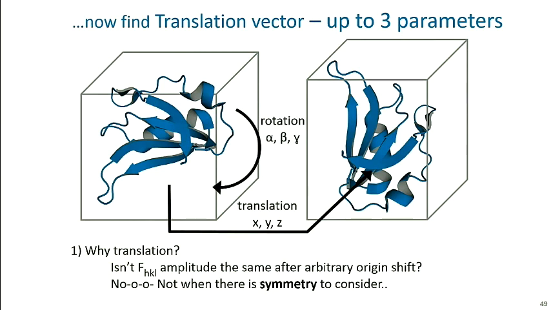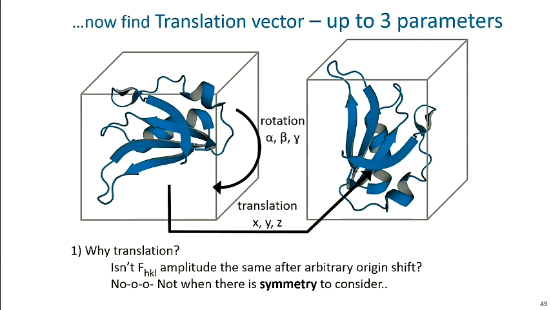So that's a rotation matrix. We've got to reorient the thing so it's in the same relative orientation to those orthogonal axes. And then we have the problem of finding the translation vector. So why do we need to worry? I showed you that if we move things relative to the origin, the structure factor stayed the same.